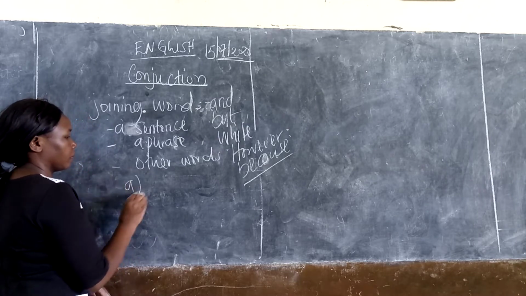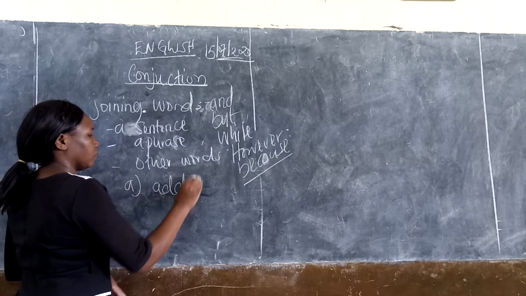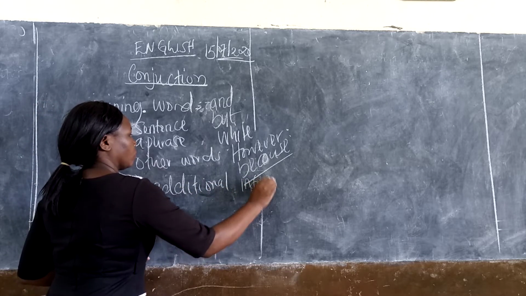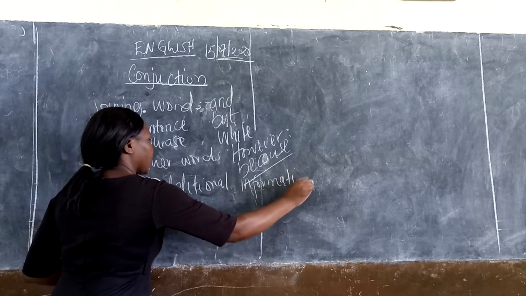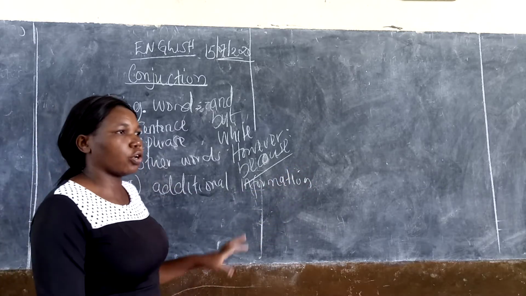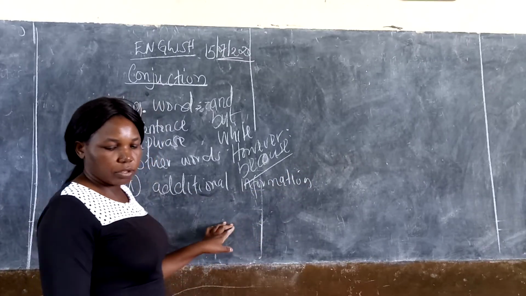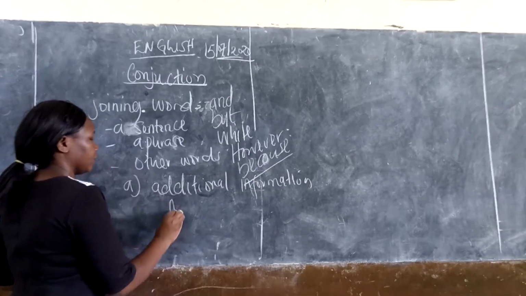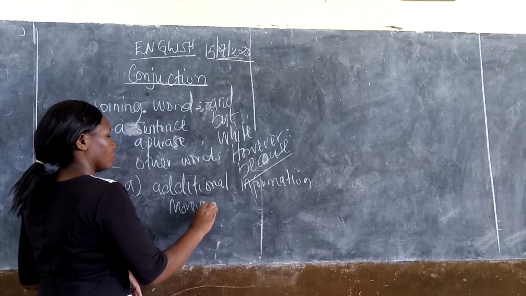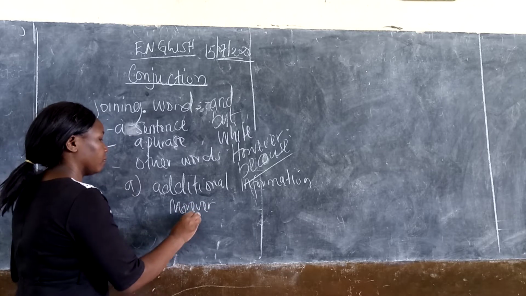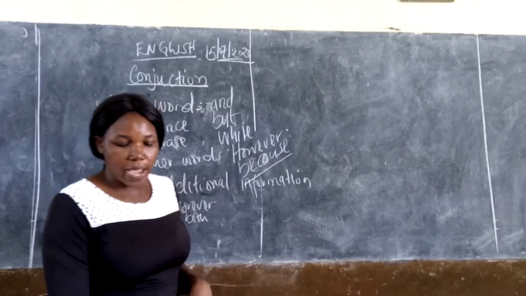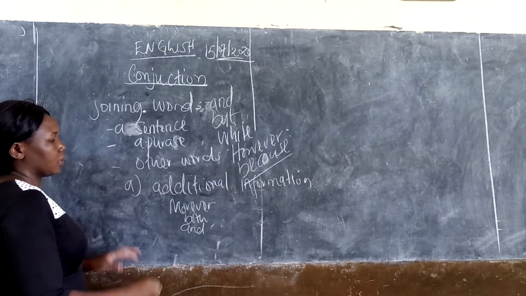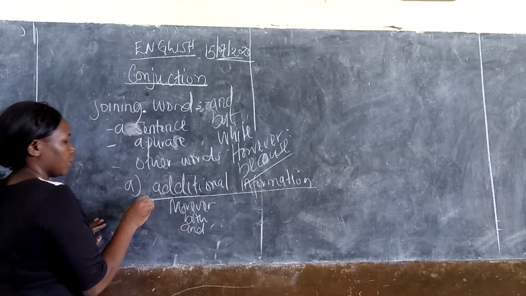A is additional information. Which are these conjunctions that can give additional information? Examples of additional information conjunctions are moreover, both, and also and.